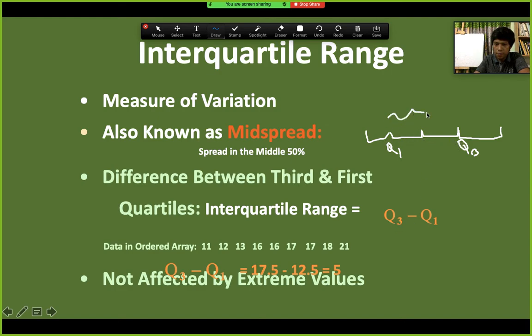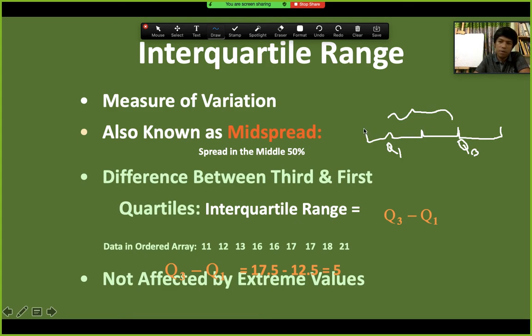So this value is the interquartile range. It doesn't care about the first few values and the last few values, because it is possible that there are some outliers on both sides of the data distribution.